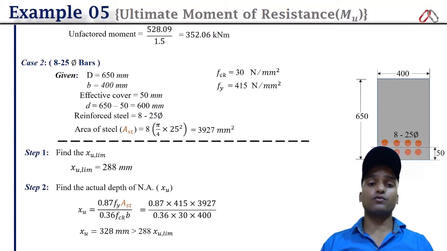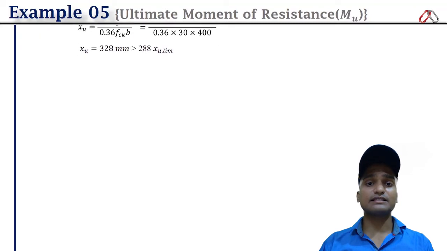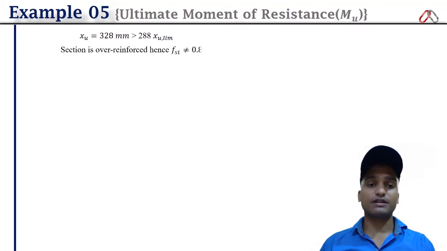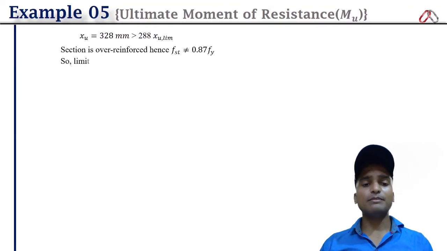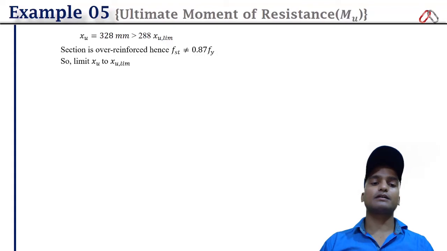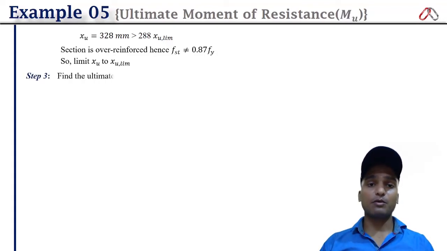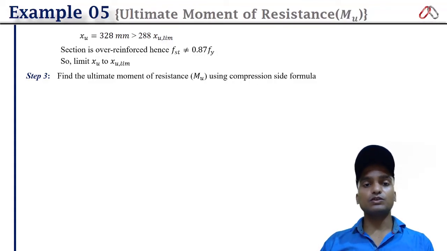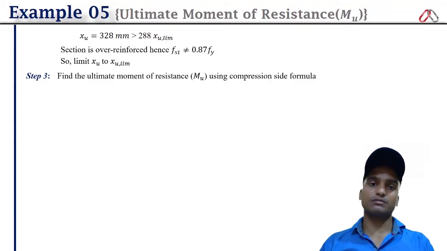So the section is over reinforced, and hence the steel has not yielded, and we can't use fst equal to 0.87 fy. So we have to limit our depth of neutral axis to the limiting depth of neutral axis. In case of an over reinforced section, the ultimate moment of resistance becomes equal to the limiting moment of resistance, which is calculated from the compression side, in which we use Xu equal to Xu limiting.